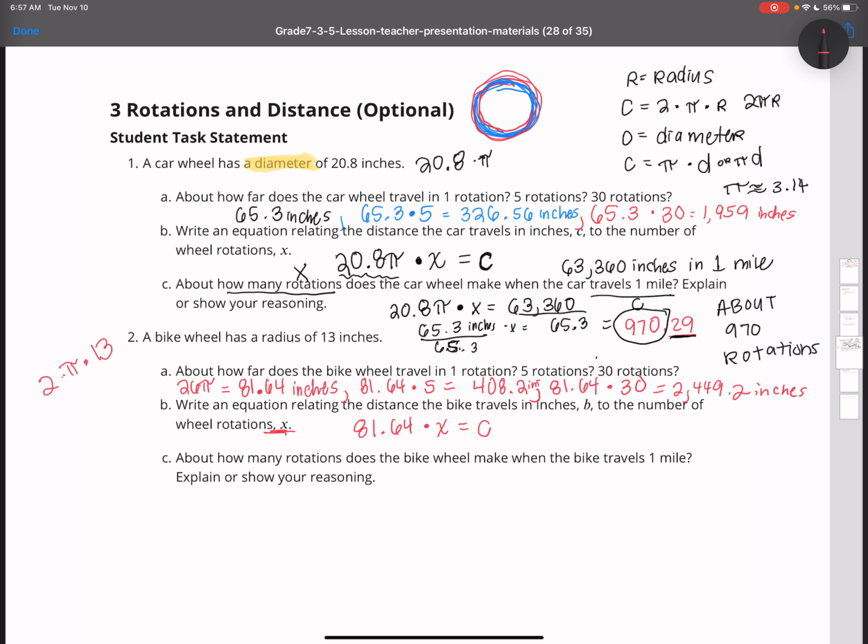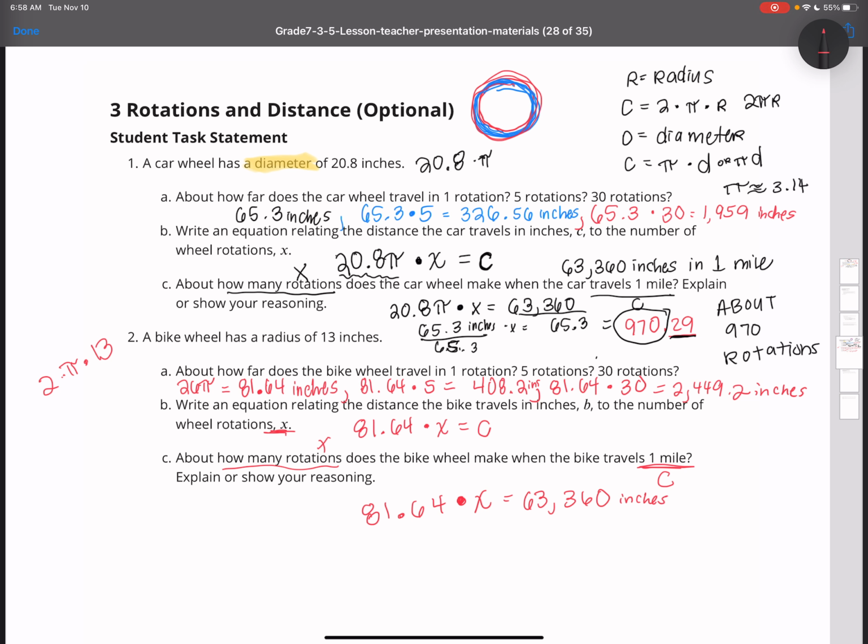So then for the next question, it gives us a distance. It gives us the value for distance, but it's asking us how many rotations. So we're going to do 81.64 times x is equal to 63,360 inches.